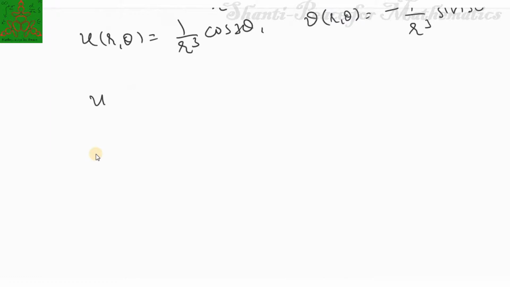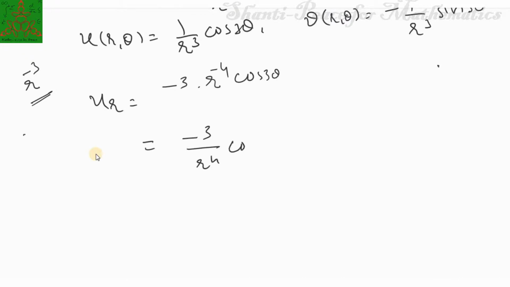So you will have ur. The derivative of r to the minus 3 is minus 3 into r raised to minus 4 cos 3 theta. That can be written as minus 3 upon r raised to 4 cos 3 theta. u theta will be minus 1 upon r cube sin 3 theta into 3.